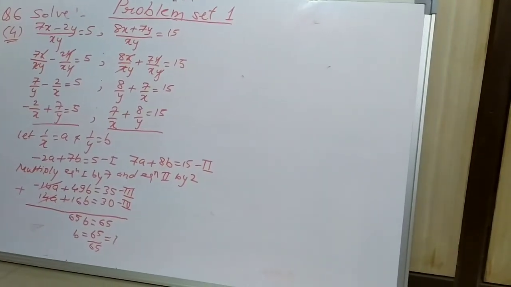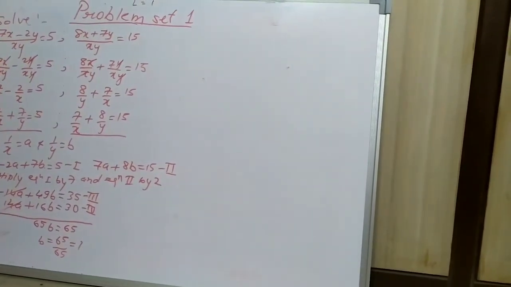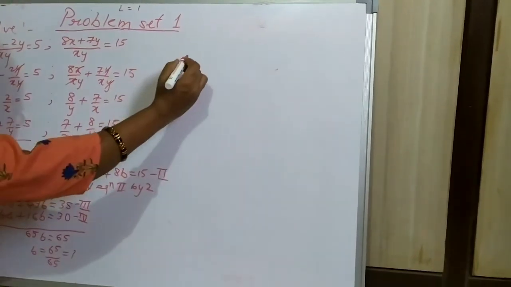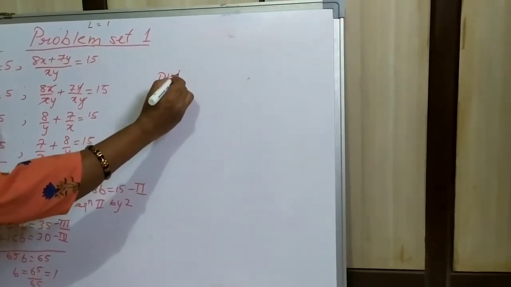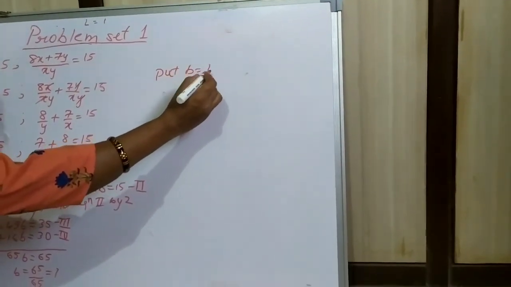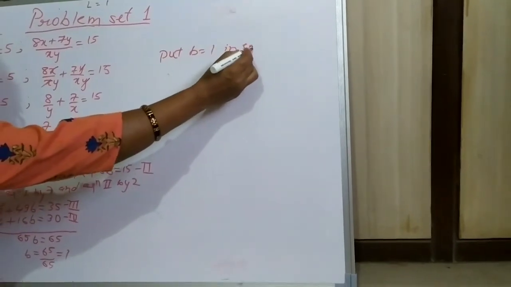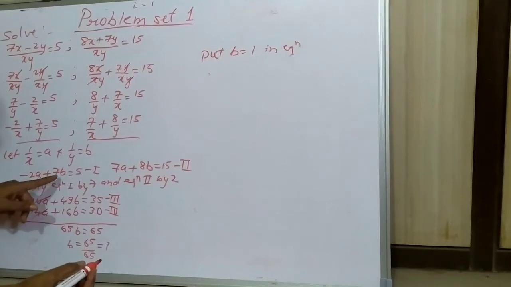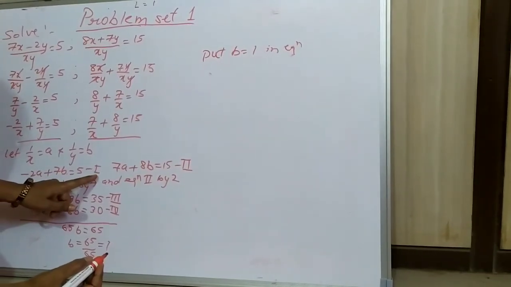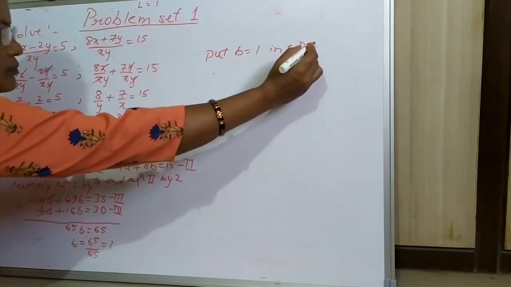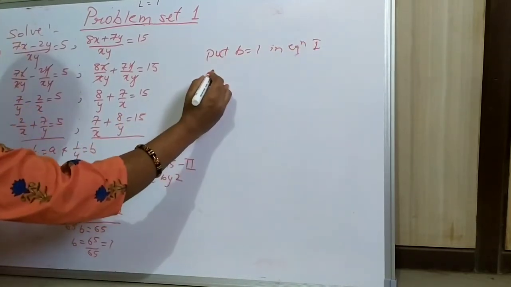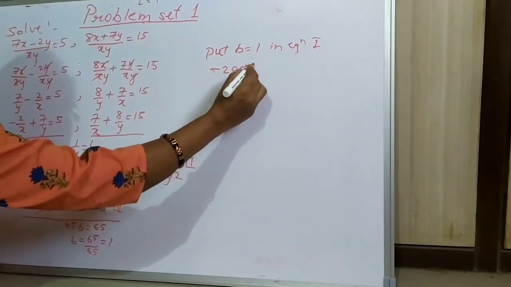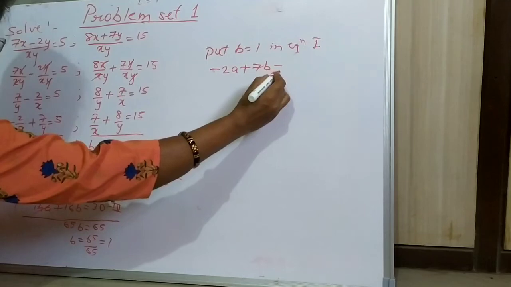To get the value of a, put b is equal to 1 in an equation. You can take any equation from these. We will take equation number 1. So minus 2a plus 7b is equal to 5.